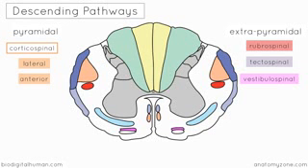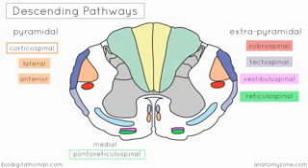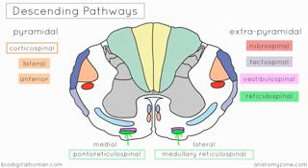And then lastly, we've got the reticulospinal tract, which arises, as the name suggests, from the reticular formation of both the pons and the medulla. So you've got a medial or pontoreticulospinal tract, which is the one highlighted here in green. And then you also have the medullary reticulospinal tract, which aren't shown here, but I'll just draw on the rough location of these fibres.